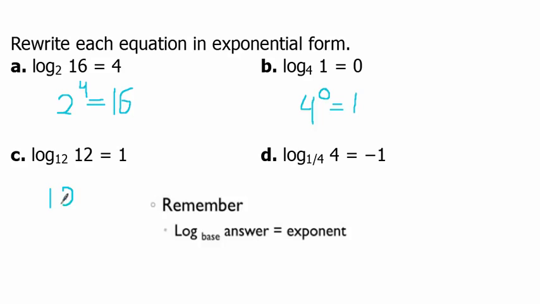Base to the exponent equals the answer. And in this case, the base is 1/4. Since it's ugly, put it in parentheses, to the -1 power equals answer. So you will be converting these logs to exponents.